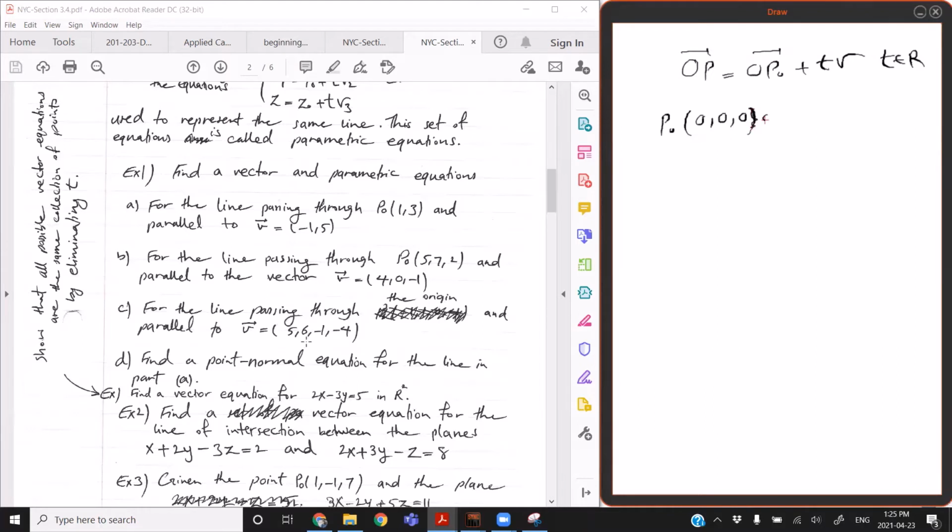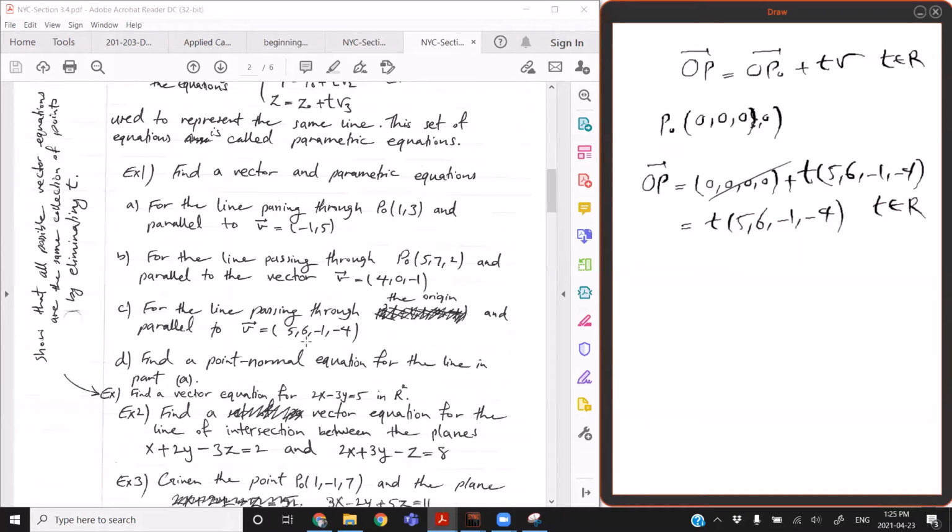It's R4, so OP is (0, 0, 0, 0) plus t times V, (5, 6, -1, -4). As you can see, the origin part doesn't matter, so I can just say this is equal to t(5, 6, -1, -4), where t is a parameter belonging to the real number line.